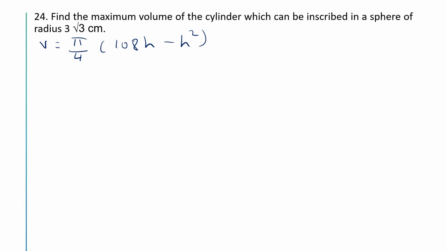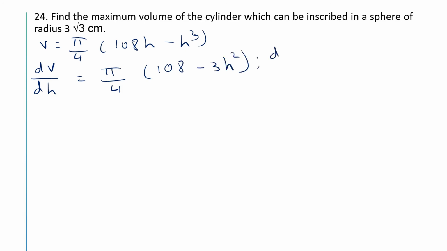So to find the maximum volume, we have to find the critical points. So differentiate with respect to h. dV by dh is pi by 4 into, sorry, here it is 108h minus h cube, so 108 minus 3h square.